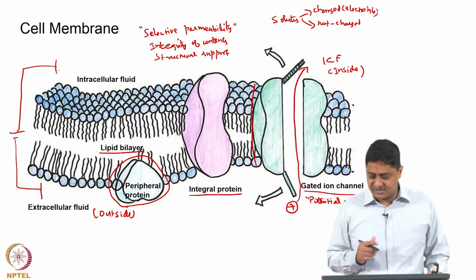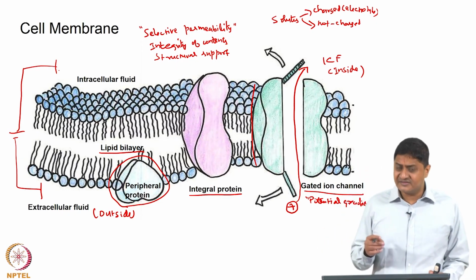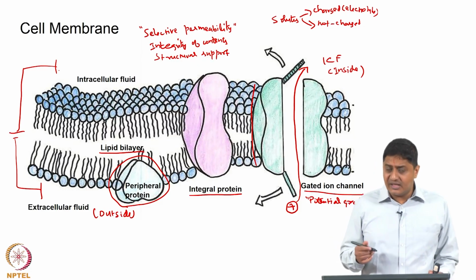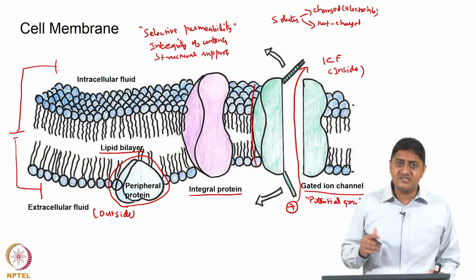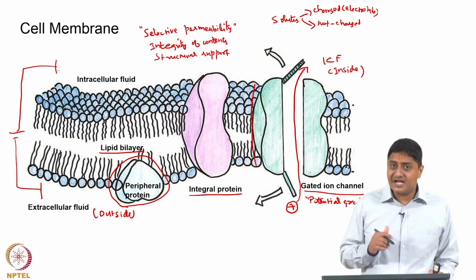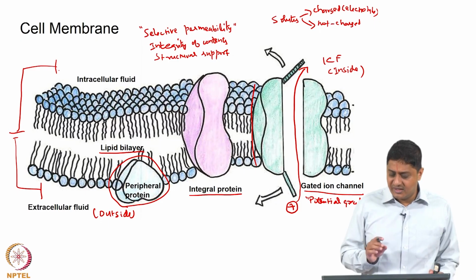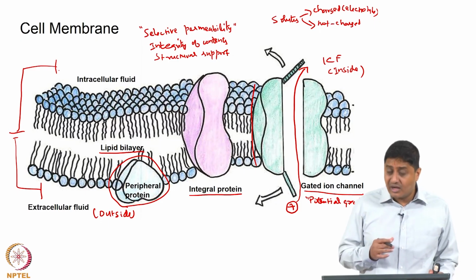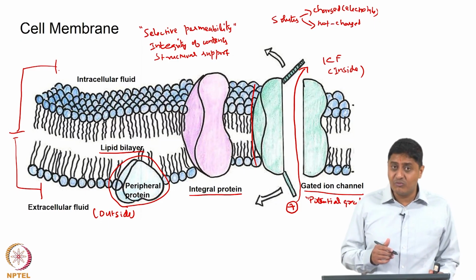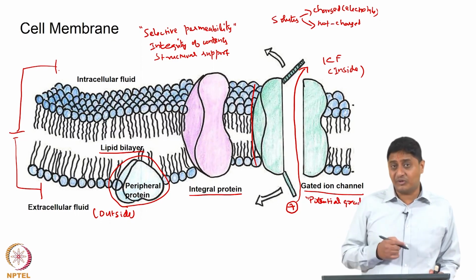This is just an example. So, depending on the presence or absence of a potential gradient, transport of electrolytes or charged substances will be affected, and also the charged substances' movement itself will create a potential gradient.